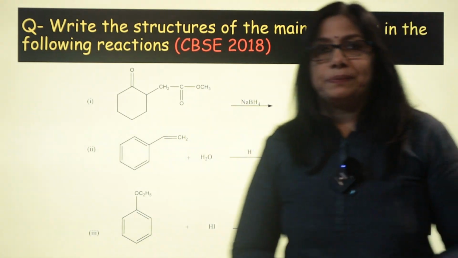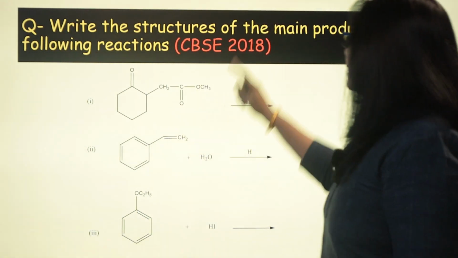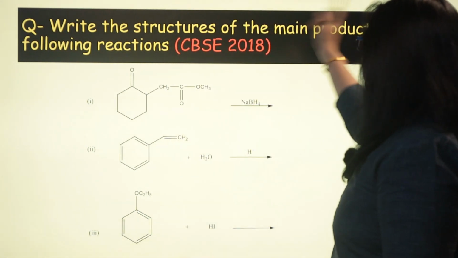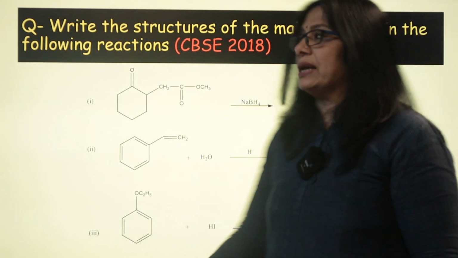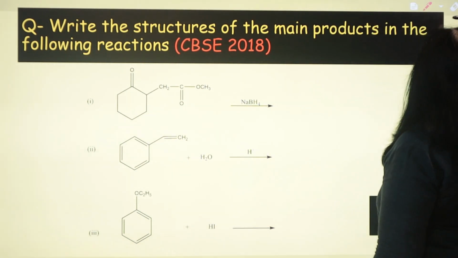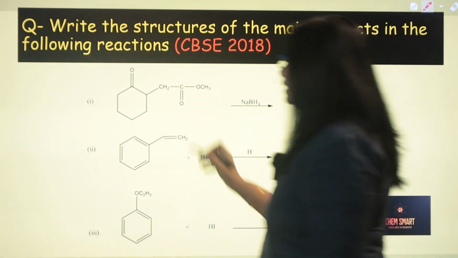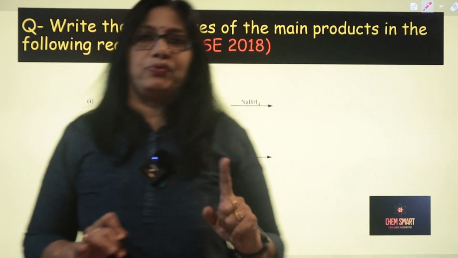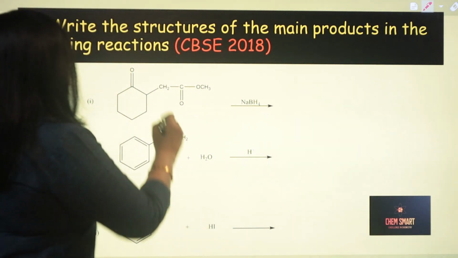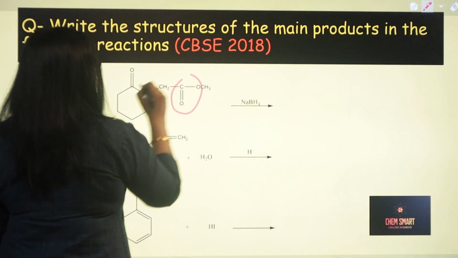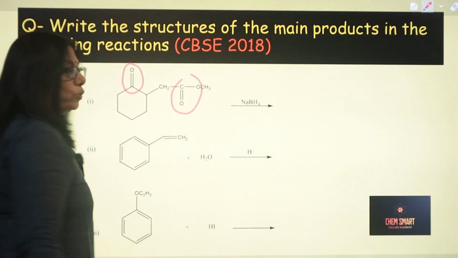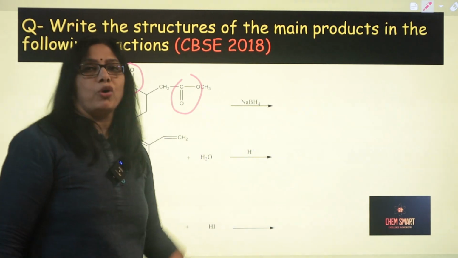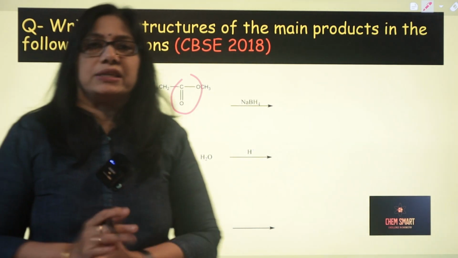Now the next question. Write the structures of the main products in the following reactions. In the first case, we have done a similar question in the previous session, I feel so. This is an ester linkage, whereas this is a ketonic group. We are using sodium borohydride. Sodium borohydride is a reducing agent.